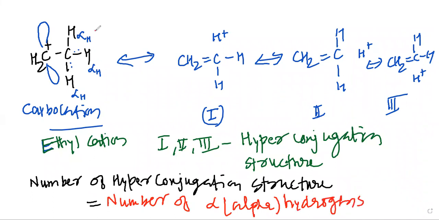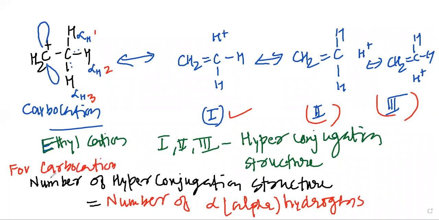You can see that there were 3 alpha hydrogens, 1, 2 and 3, and you got 1, 2 and 3 structures. So for a carbocation, we can easily write that the number of hyperconjugation structures is equal to the number of alpha hydrogens. It's easy for you to understand.